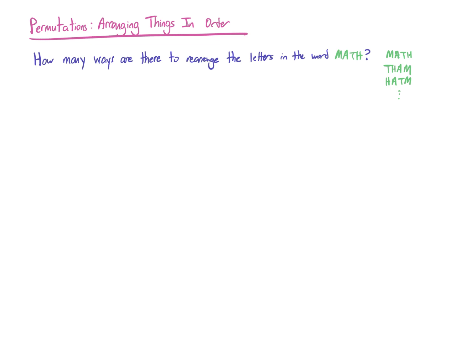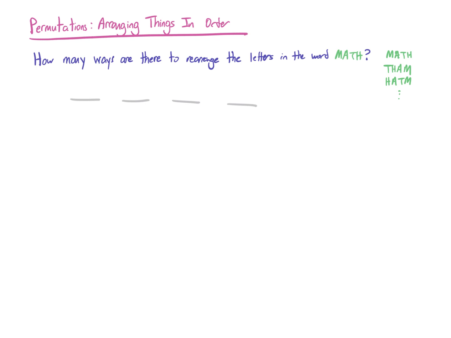The key idea here is that we can think about the question of finding these rearrangements as the question of just filling in these blanks in order. So I ask myself, how many choices do I have in order to fill in this first blank? Well, when I get to this first blank, I have all four letters in the word math available to me, and so I can pick any of the four.